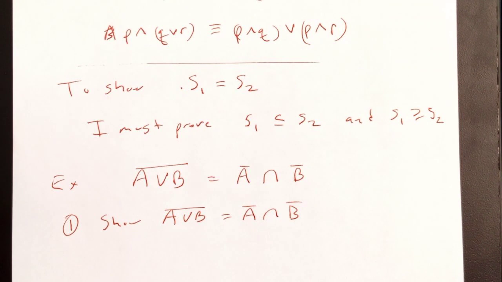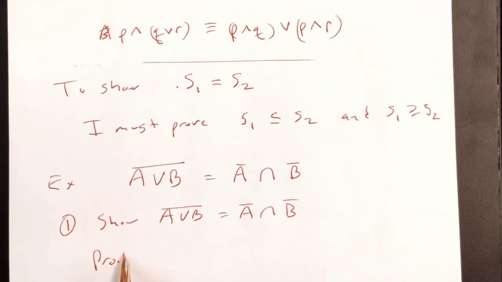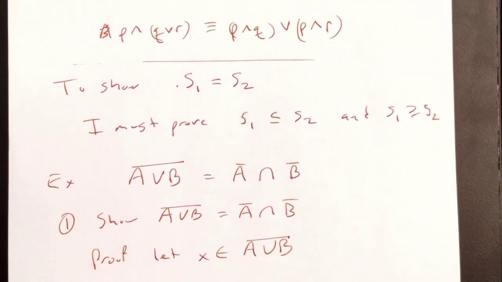This is a direct proof, Emily. I don't have to do a single contraposition here. I'm going to suppose we have something in that first set and end up showing it's also in the second set. Directly. Proof. Let X belong to (A union B) complement.